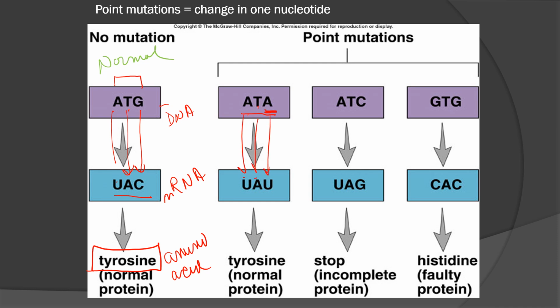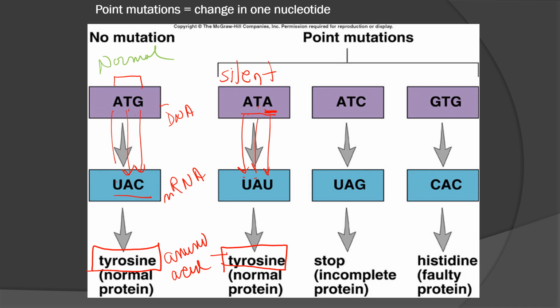But when you look UAU up in the genetic code table, it also codes for tyrosine. So even though your gene has mutated and you've changed one of the bases, you're still going to put the same amino acid in your protein. So that's called a silent mutation because it's not really going to have any effect on that protein's function.